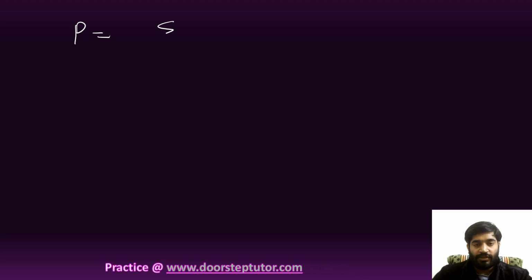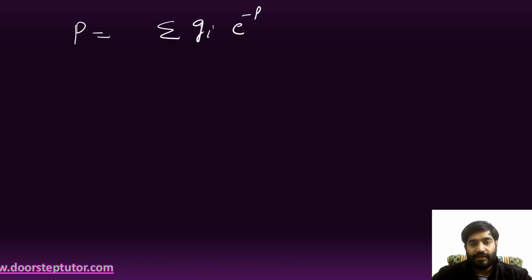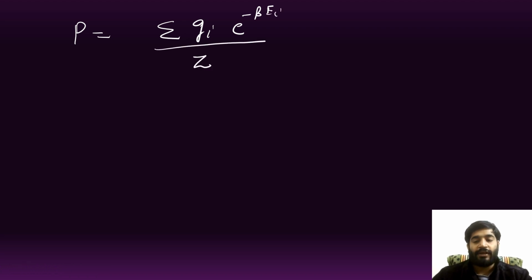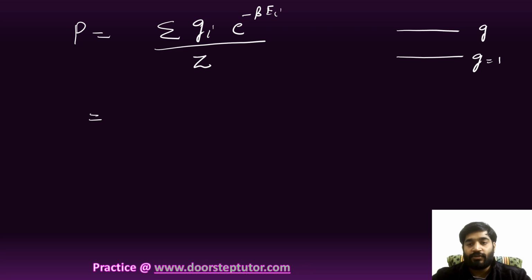Now what is the probability? Probability will be the summation of g_i e to the power minus beta E_i, over the partition function Z. Clear? We have to find the probability in the first excited state. This is the ground state, g equals 1, and the first excited state is g equals 3.